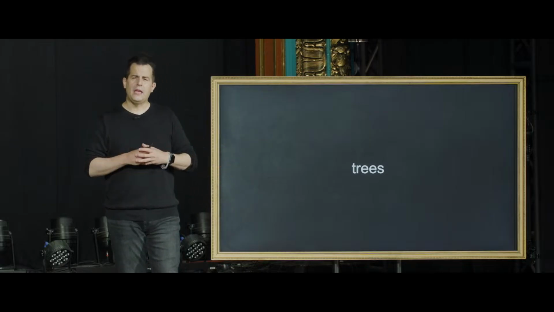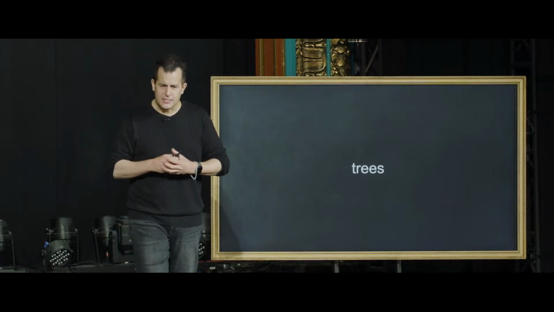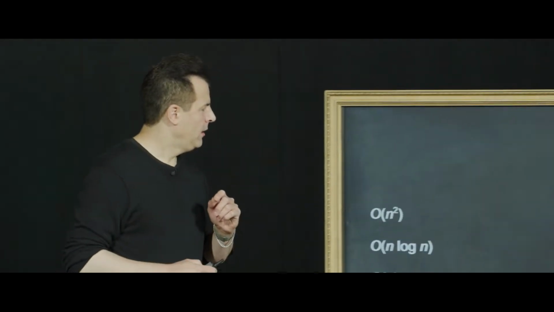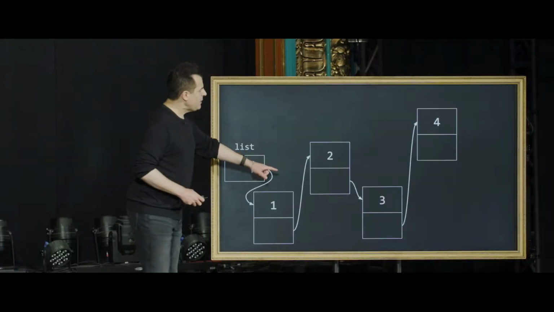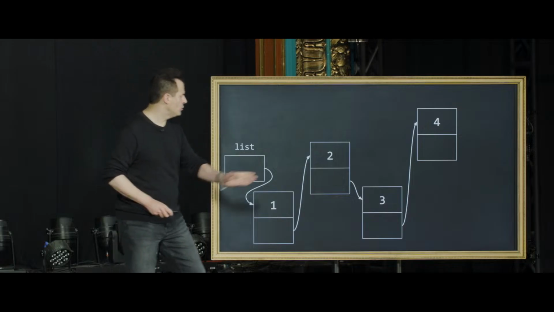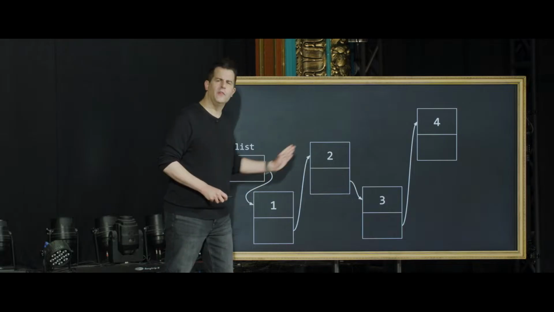Moreover, with a linked list, let's go back to the diagram. If you wanted to search for some value, you can't use so-called binary search, whereby you go to the middle, and then the middle of the middle, and the middle of the middle.